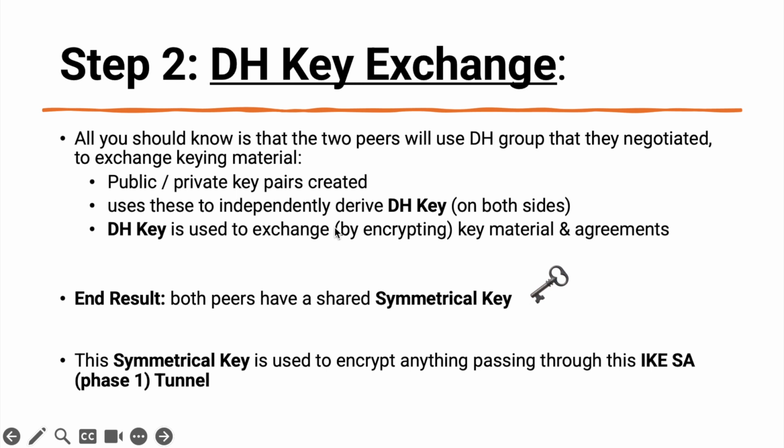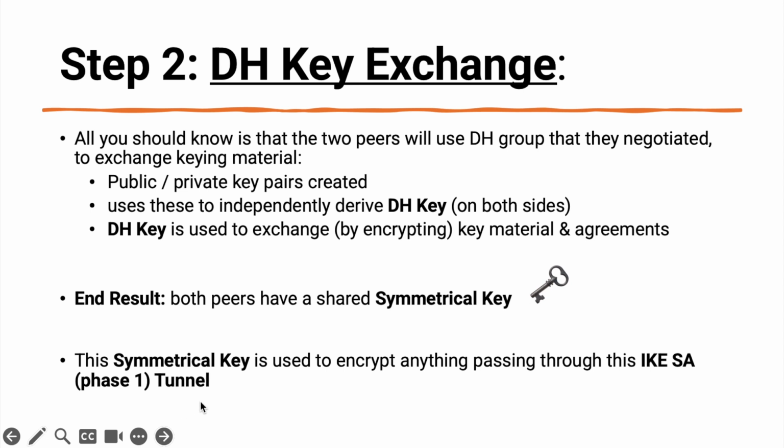Essentially, Diffie-Hellman is used to create a symmetric key. So one key that's on both sides. And the symmetric key is used to encrypt anything that passes through this IKE security association, or phase 1 tunnel, thereafter.